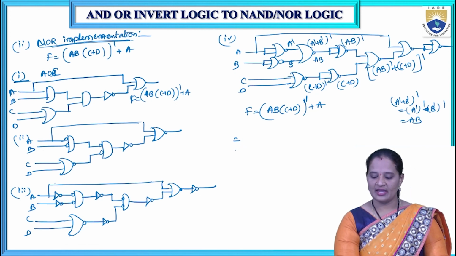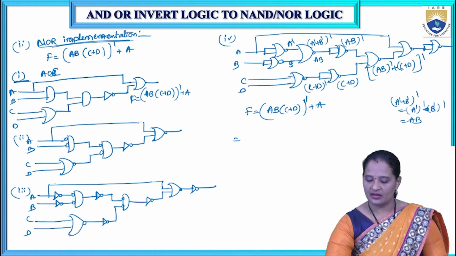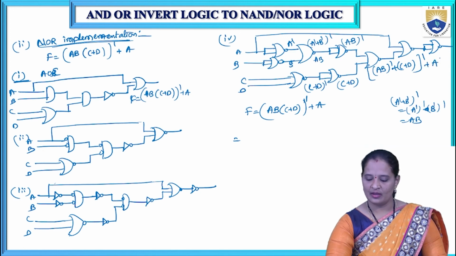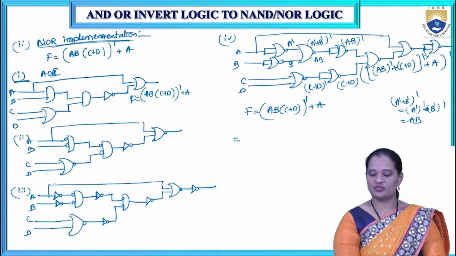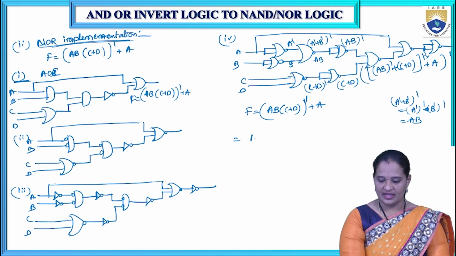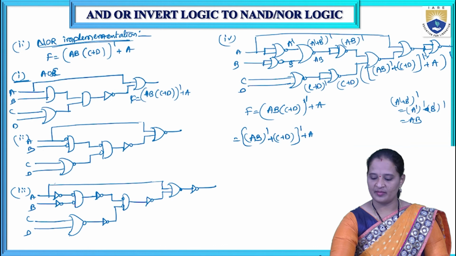So now, here this is this one, whereas this one is (plus A) whole complement. This is the output of this one. So finally I'll be getting this one as (AB complement plus C plus D) whole complement plus A complement complement.